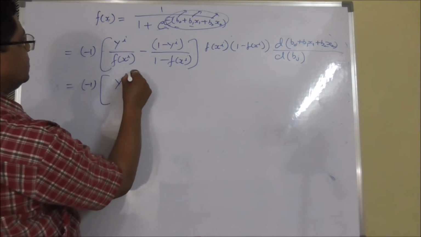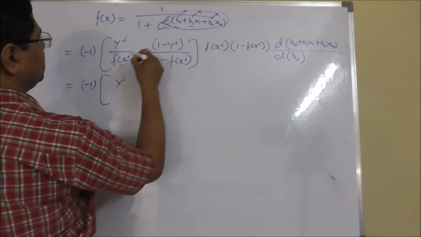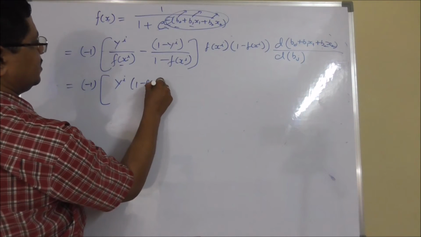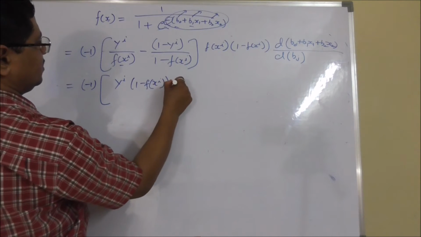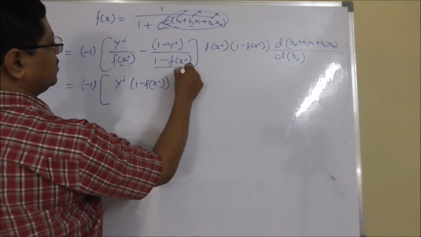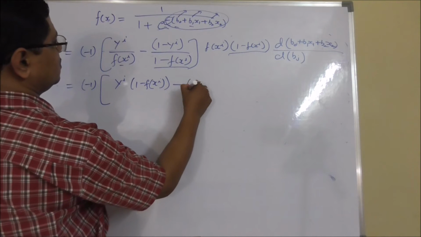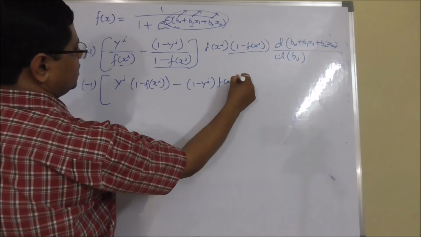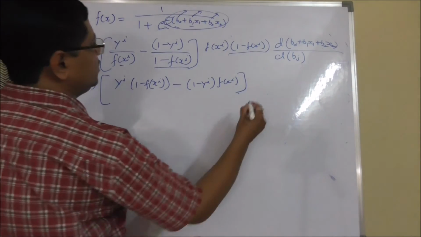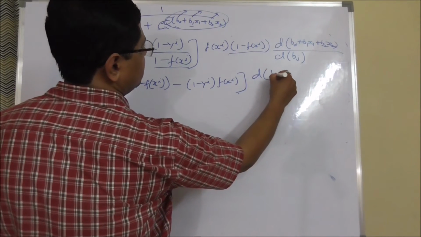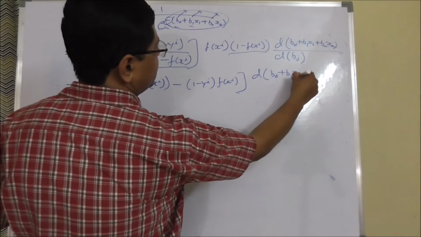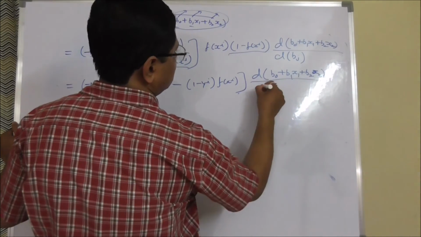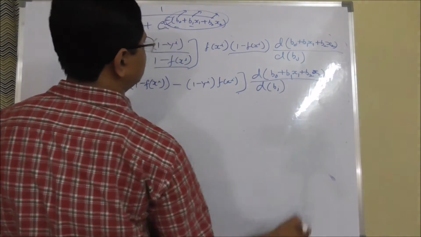So after simplification it will be equivalent to yi, this will go down here, so we will have 1 minus f(xi), minus this entire part will cancel, f(xi) times the derivative of b0 plus b1 x1 plus b2 x2 with respect to bj.